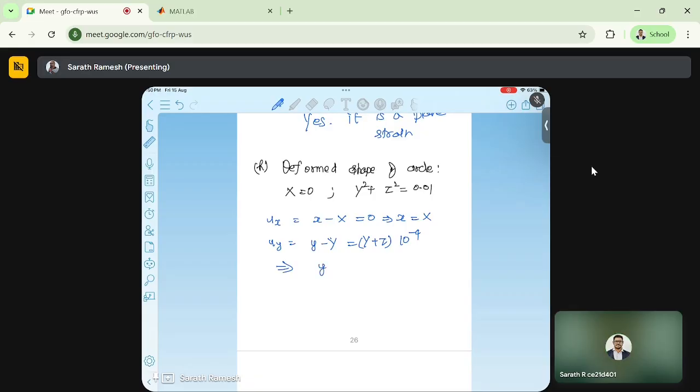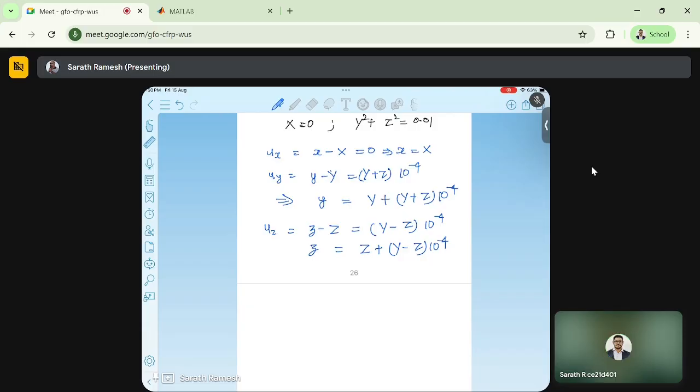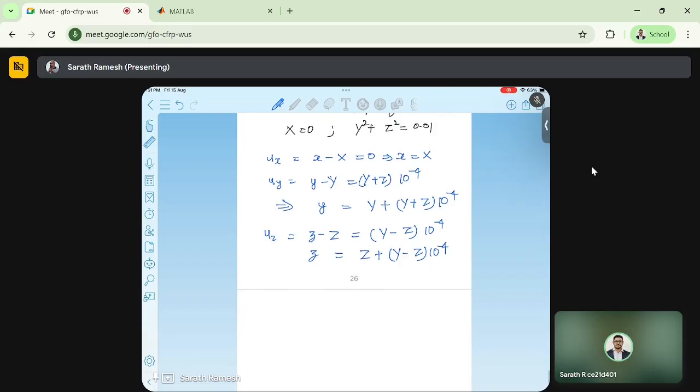So small y will be capital Y plus capital Z into 10 power minus 4. And uz is equal to small z minus capital Z, which is equal to capital Y minus capital Z times 10 power minus 4. So small z equals capital Z plus y minus z times 10 power minus 4. Fine. So let's substitute.